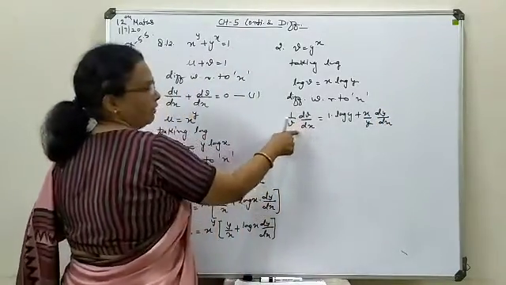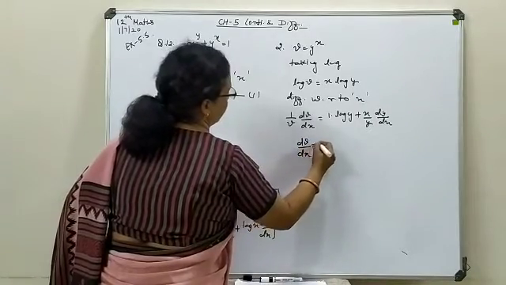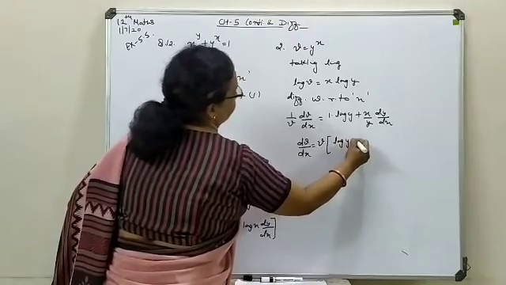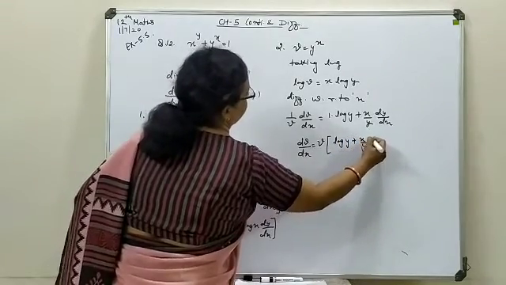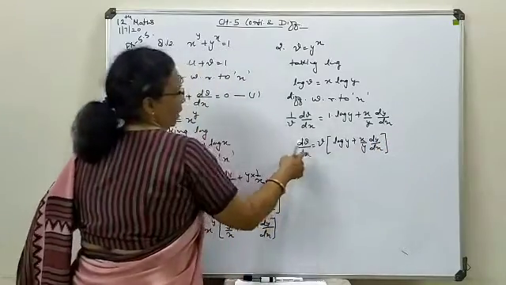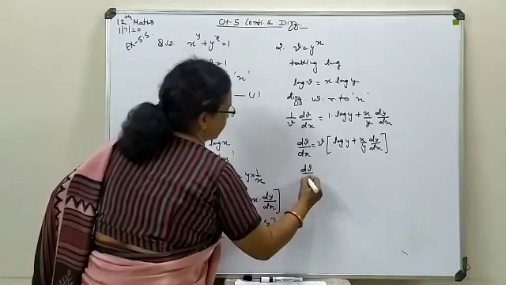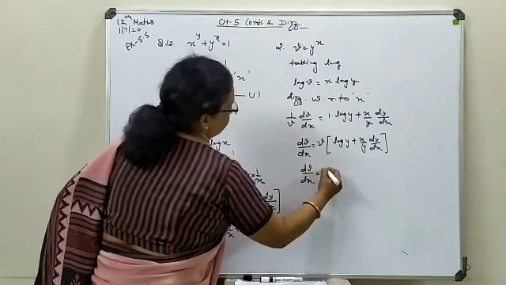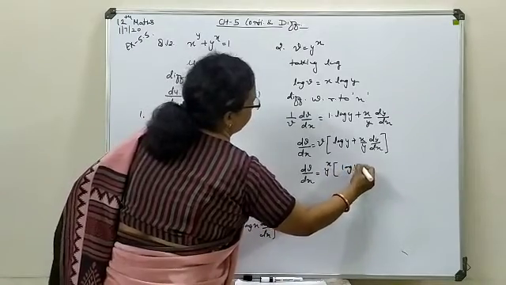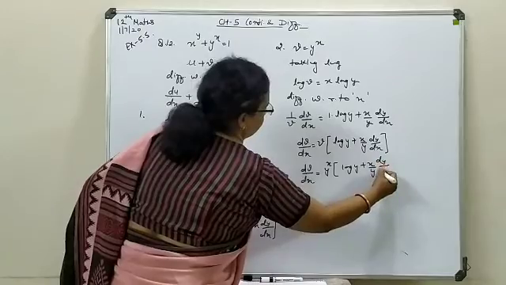Make the separation of dv by dx, that is v into log of y plus x upon y dy by dx. We substitute here in terms of x and y, so dv by dx you will have y power x into log of y plus x upon y dy by dx.